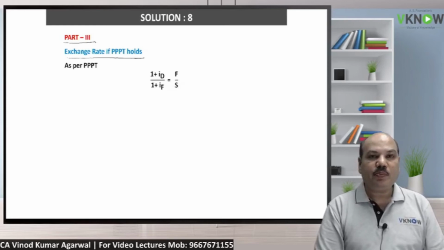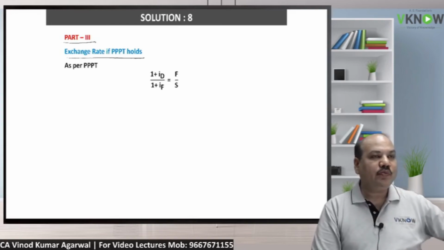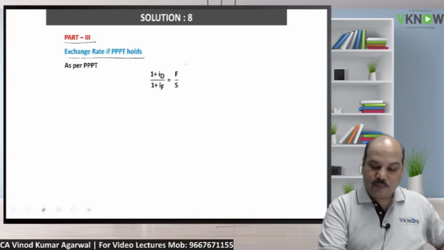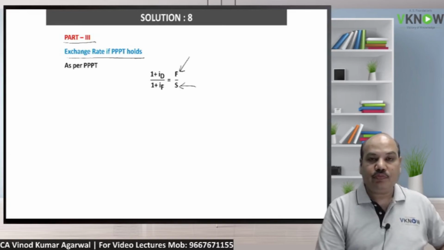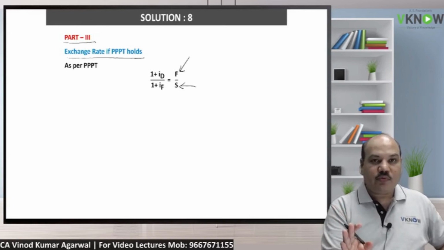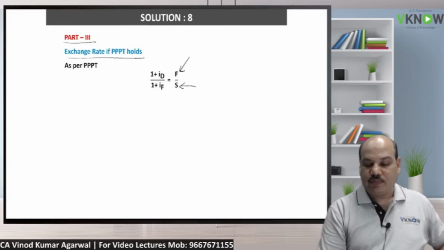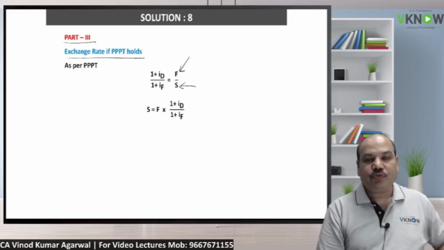As per PPPT, 1 plus ID upon 1 plus IF equal to F by S. F means you have to find now, S means it was 1 year ago. They have not mentioned whether I need to find for the bid rate or ask rate, but this is simple. So what I can do, I can solve for bid rate and ask rate both.